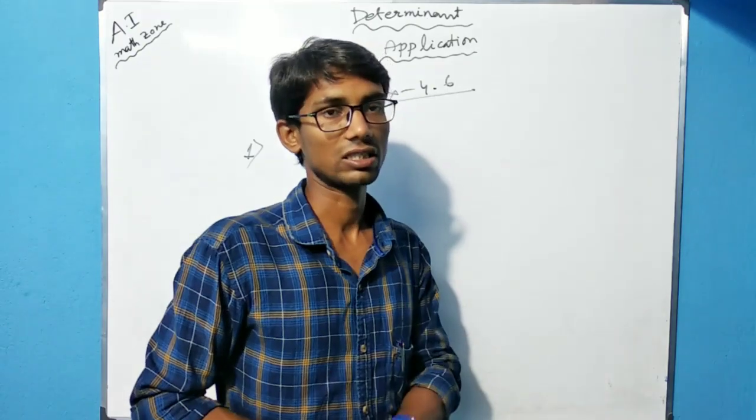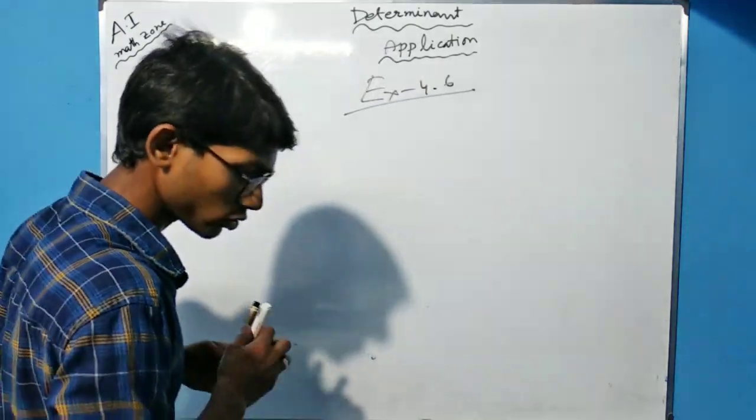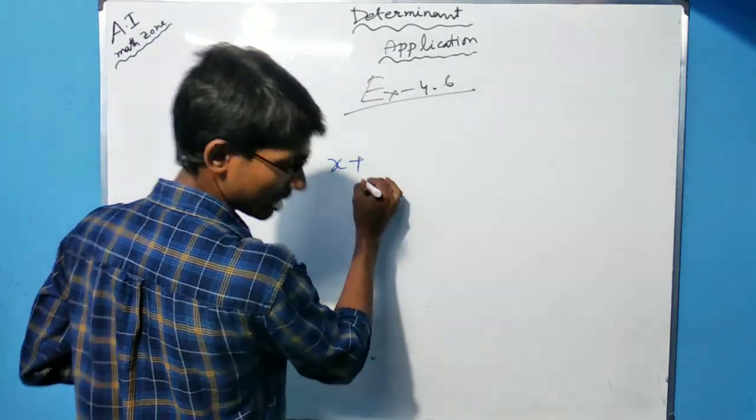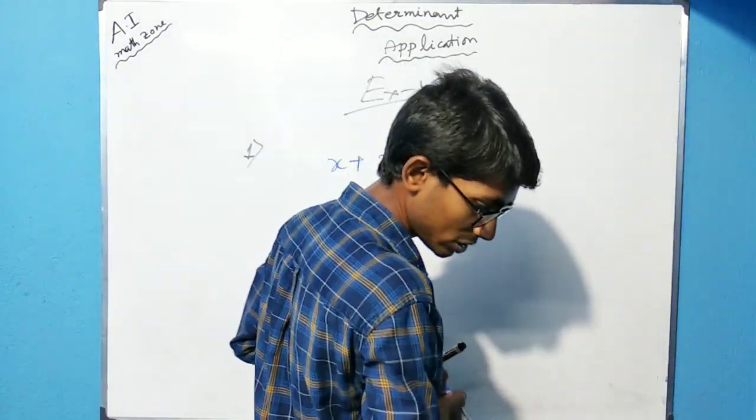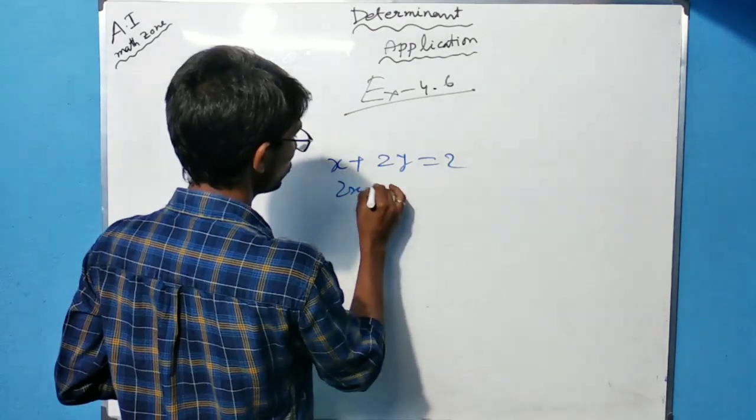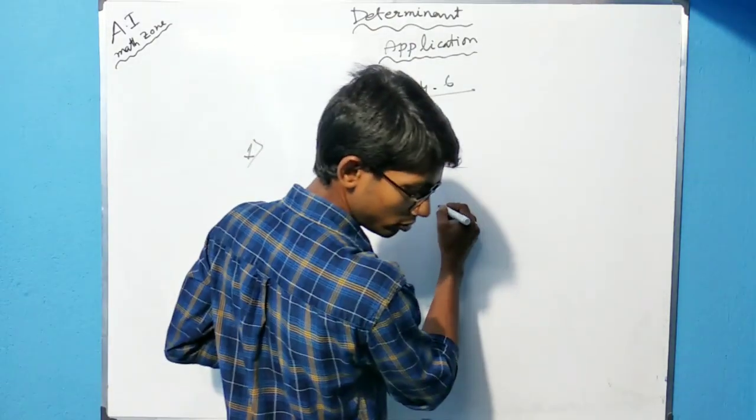The remaining questions you can solve. Okay, so the first one is x plus 2y equals 2 and the next one is 2x plus 3y equals 3.